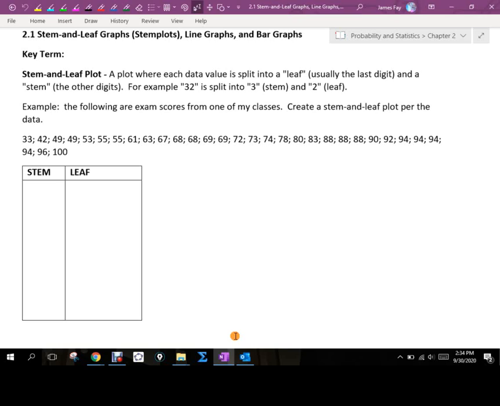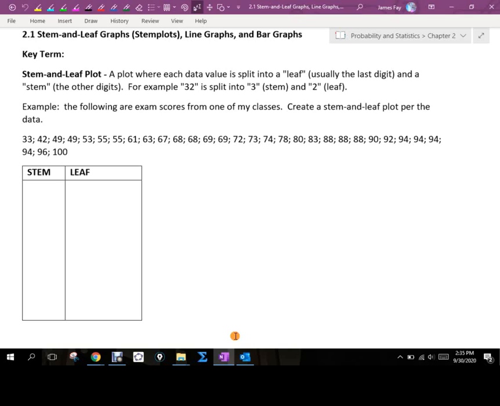Here I think we've got around 25 to 30 pieces of data. It's not a terrible amount to work with. If my data was, let's say, the ages of everybody in the high school, you're all teenagers, right? So we're all 13 to probably 19.